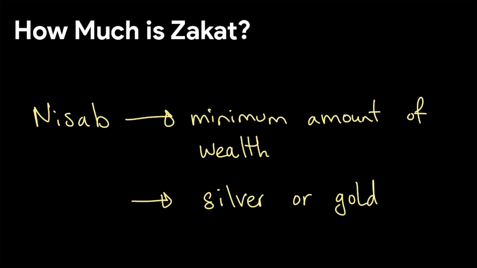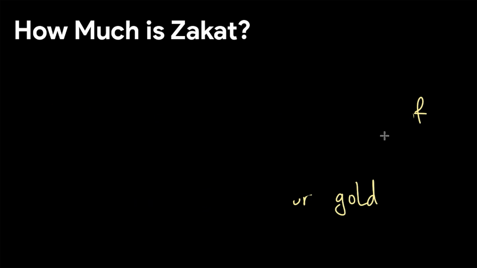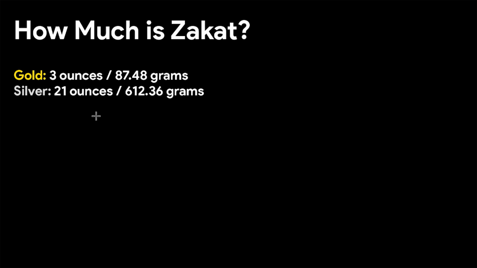So what that means is basically you would get the current price of gold or silver, 3 ounces of gold or 21 ounces of silver in your local currency. And then if your total savings and wealth exceeds that amount, you must pay zakat.